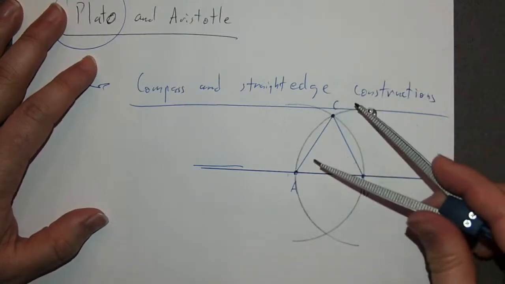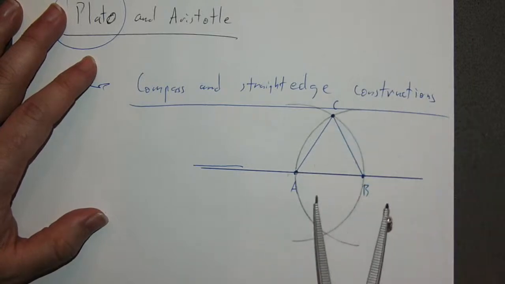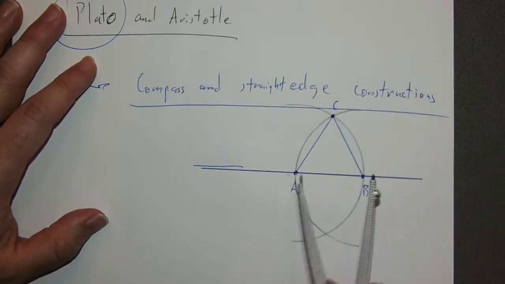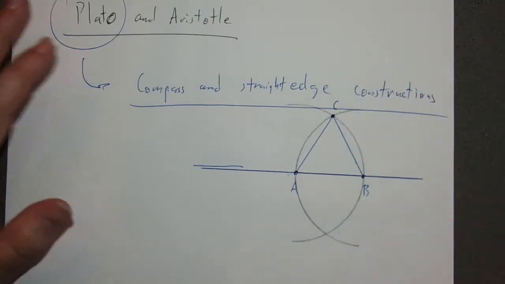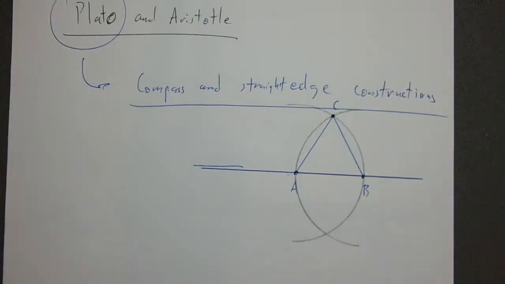I can see directly by comparing these lengths that I've constructed a triangle, all of whose sides are the same length. So I have constructed an equilateral triangle, a regular three-gon, using nothing but compass and straightedge in exactly the way they were supposed to be used. So this is clearly a construction that can be done with compass and straightedge.